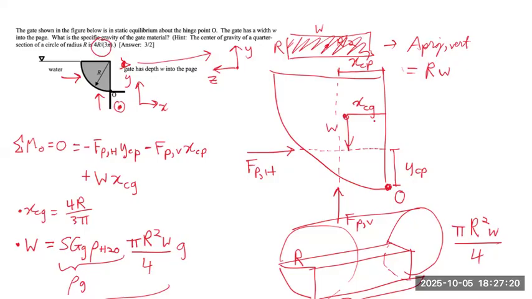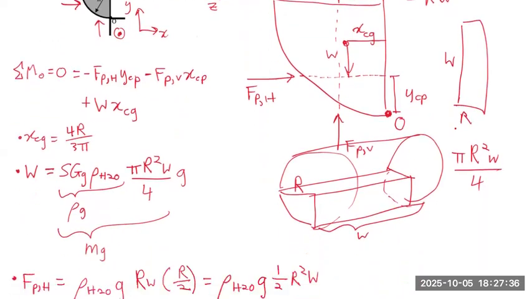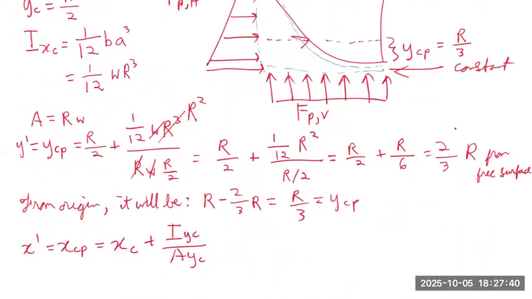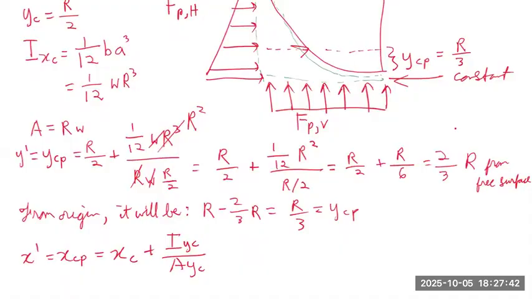So it's also a rectangle of R by W, and it's going to look something like this, R, W. We want to find the location of the centroid, so XC.